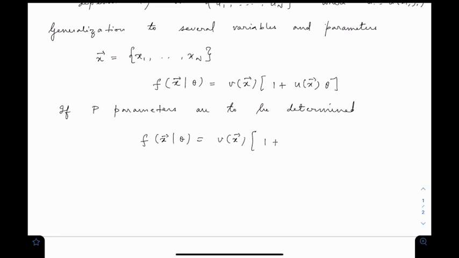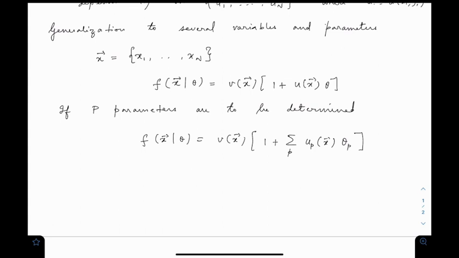And basically we have a sum over p of up of x times theta p. Now, of course, the procedure only makes sense if the number of parameters is smaller than the dimension of the variate space.